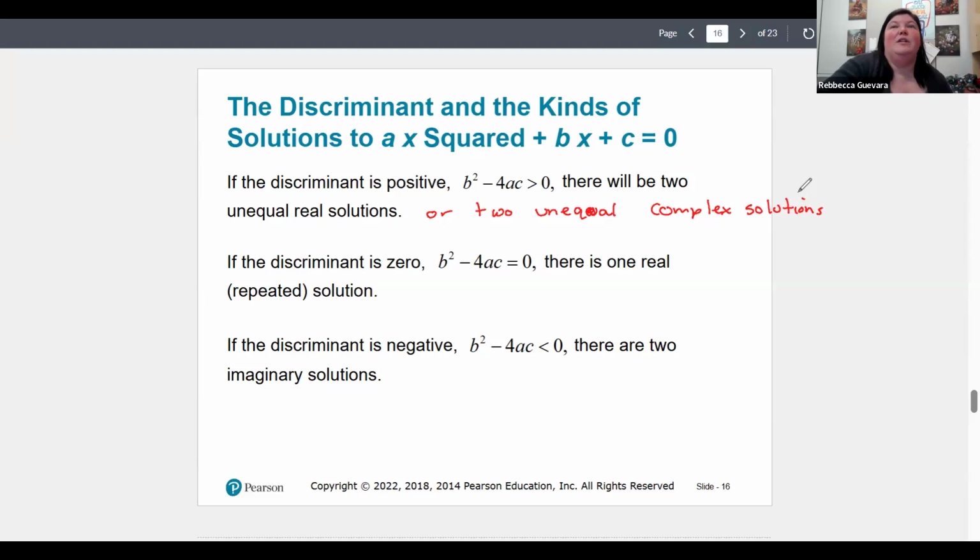If the discriminant is 0, you will have one real solution, but technically because it's a real solution, it's going to be a complex solution as well. And if the discriminant is negative, there are going to be two imaginary solutions and no real solutions.